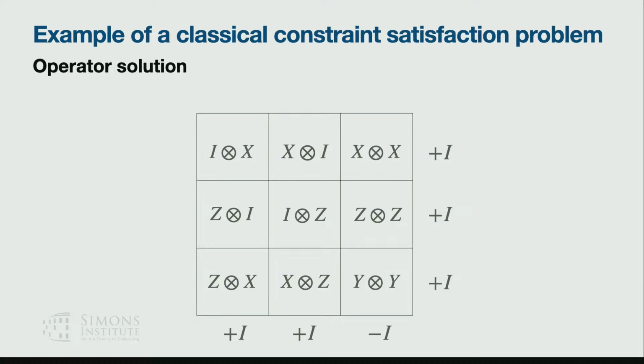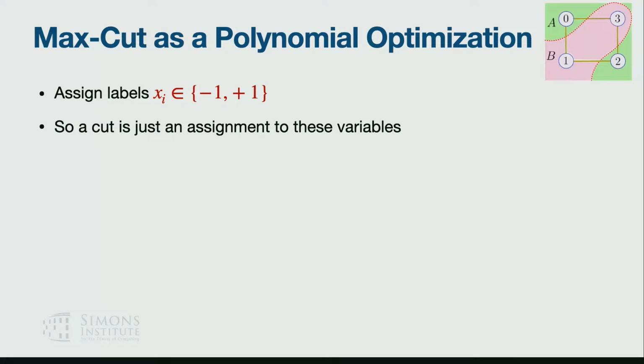So now let me tell you about a second example of a non-commutative constraint satisfaction problem. Again, we're going to start with the classical setting. It's Max-Cut. We're all familiar with it. The goal is to find a cut that has the largest number of edges crossing the cut. We've all seen the formulation of Max-Cut in terms of polynomials. Let's just remind ourselves.